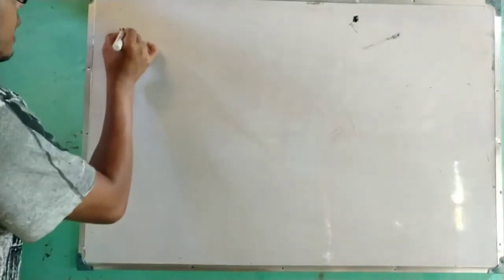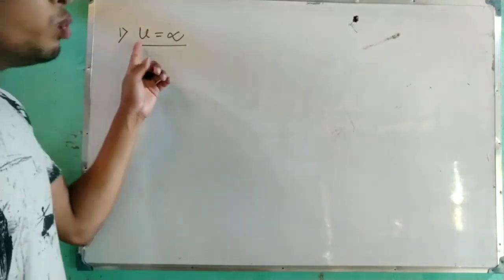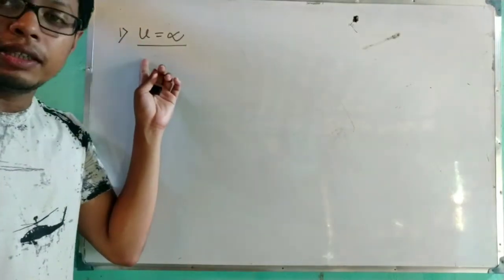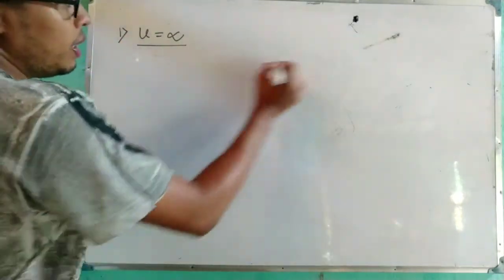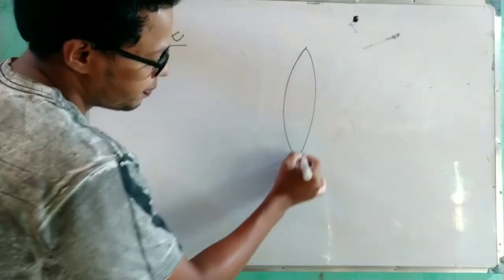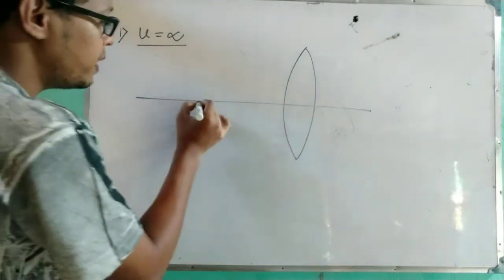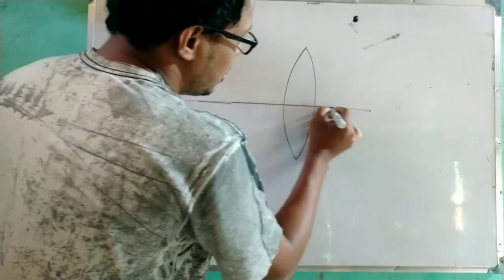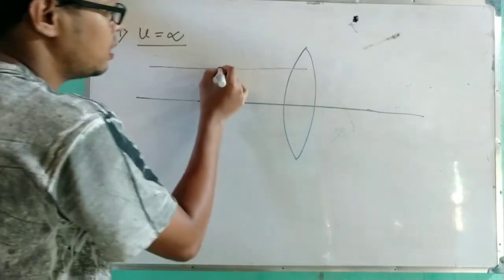So first one, I am taking U at infinity. What is U? U is the object distance. Means the object is placed at infinity. So for the convex lens, with the principal axis, when the object is placed at infinity, the incoming rays will be parallel to the principal axis.